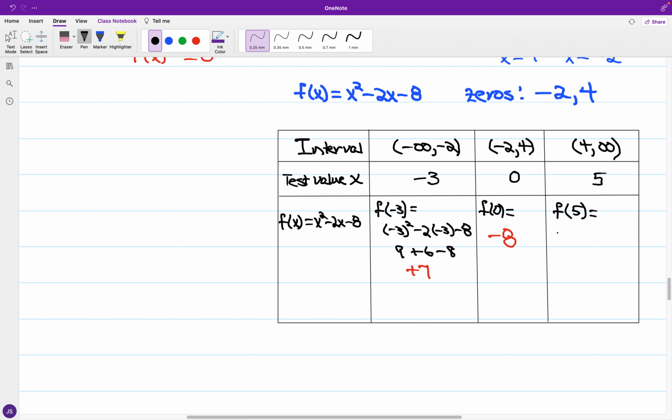You have 5 squared, which will be 25. Negative 2 times 5, which is negative 10. And followed by the subtraction of 8, so you got 25 minus 10 is 15 minus 8, and that also lands at positive 7.